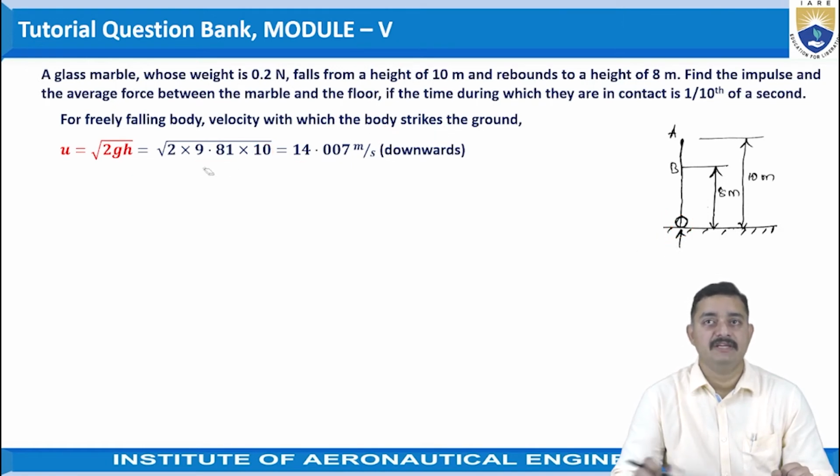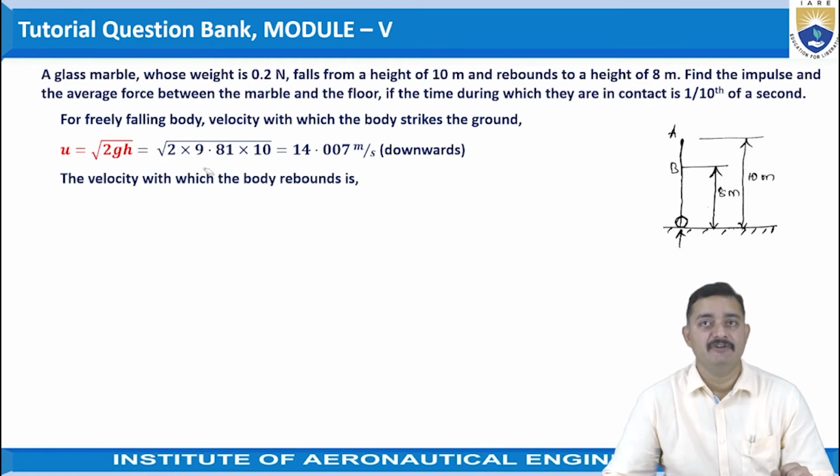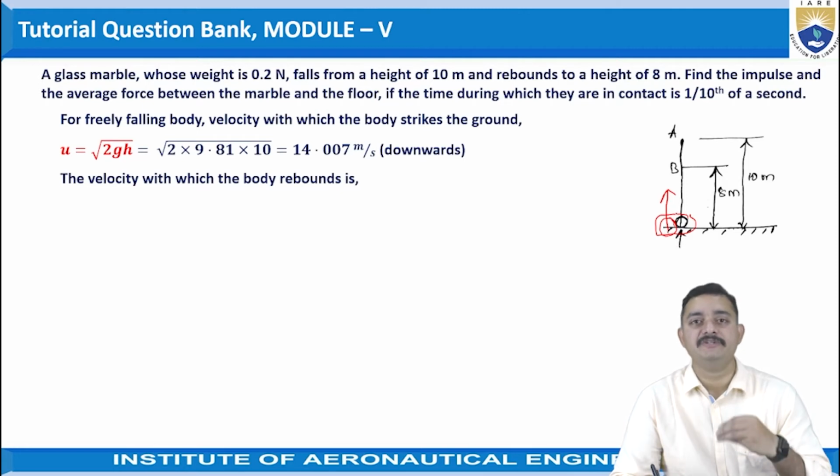Now, if we consider the velocity with which the body rebounds, that means the velocity at the same point, the starting velocity for the rebound of the marble, right? There would be some velocity at this point. Why? Because with some velocity, the object should start to move, right?